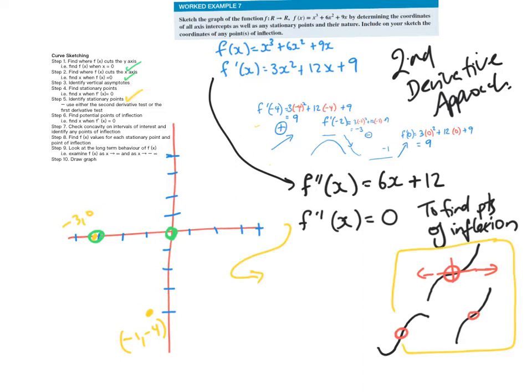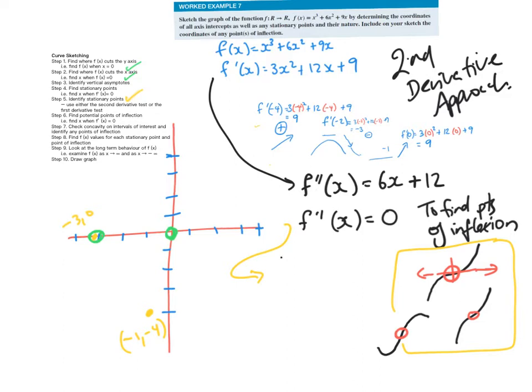To find where those points are, what values of x, whereabouts we're going to put them on the graph, we need to solve this. So we're solving this equation to equal 0. We're going to find the relevant x values. So let's just write that down.